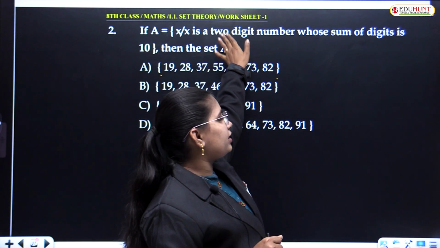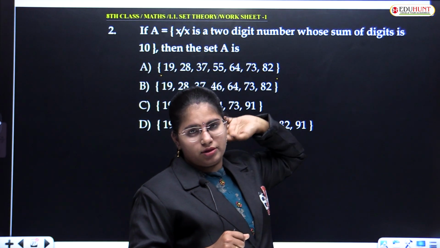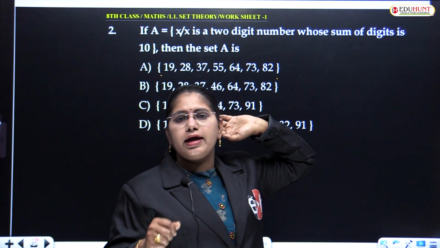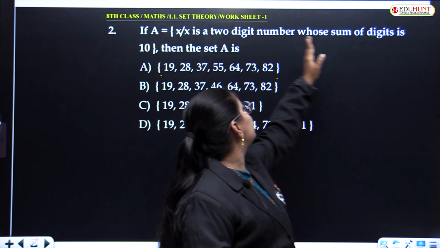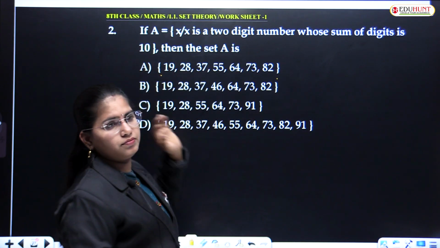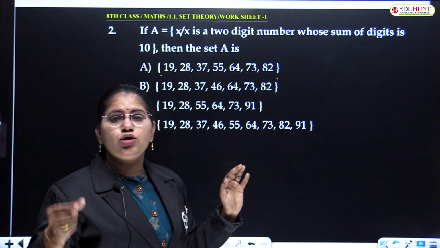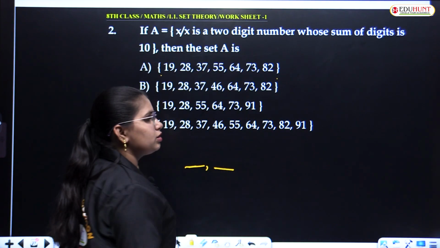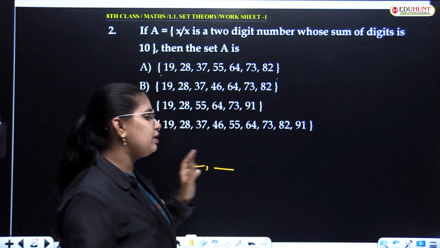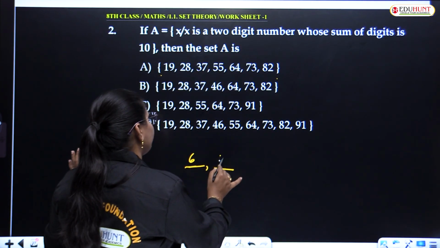X such that x is a 2-digit number. What should x be? X is a 2-digit number whose sum of the digits is 10. Whatever 2-digit number you are considering, for suppose let me take 6 and 4.